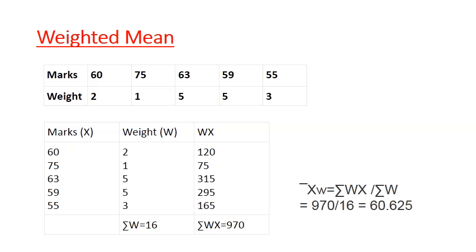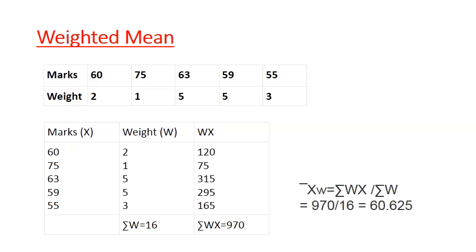Then what we have to do is multiply these marks with the weights. 60 into 2 is 120, 75 into 1 is 75, 63 into 5 is 315, 59 into 5 is 295, 55 into 3 is 165, and summation of Wx is 970. The weighted mean, that is x bar, is equal to summation of Wx divided by summation of W. It is 970 divided by 16, which is equal to 60.62. That is how you can calculate the weighted mean.